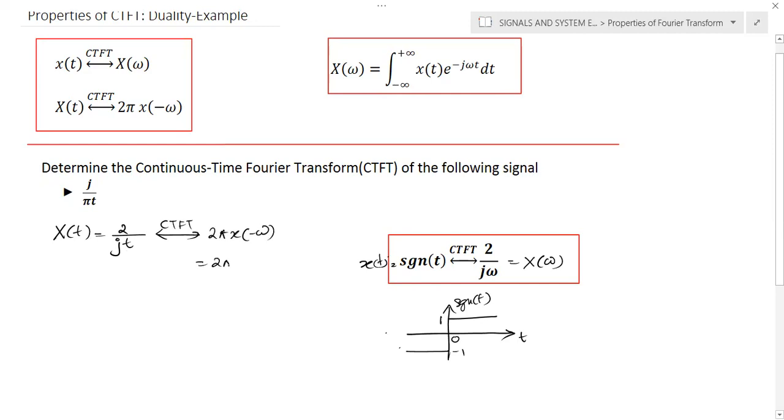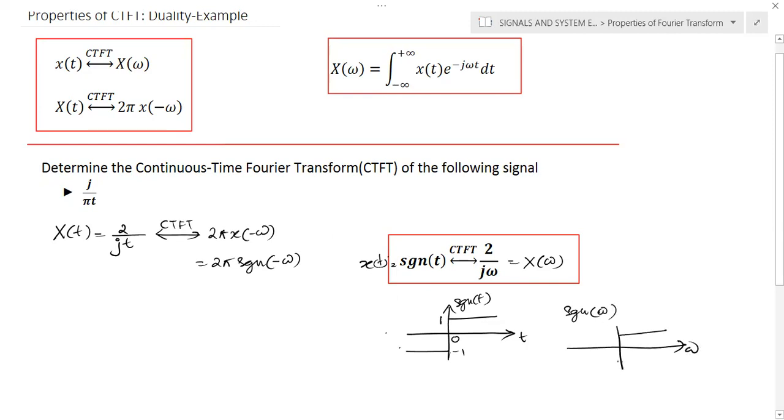And here it is small x of minus omega, where small x of t is signum of t. So we can write signum of minus omega. And signum of minus omega is an odd function. Signum of omega means again a signal in the frequency domain.